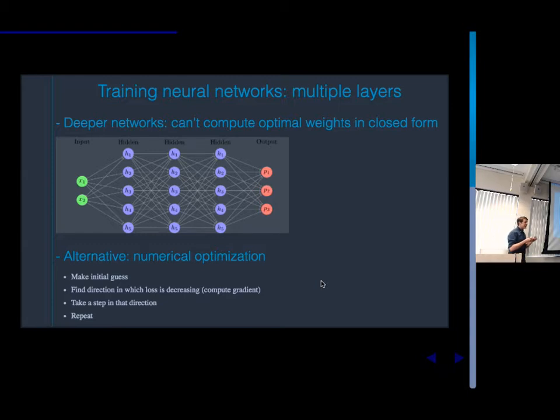By gradient, I, of course, just mean the individual partial derivatives of the loss function. In the regression case, it was just how far away are we from the number we're trying to predict. In this classification case, it's going to be something a bit more complicated. Basically, you can think of it as penalizing predicting a high probability for the wrong class. That's basically what our loss function is.